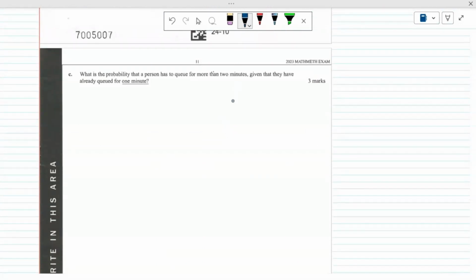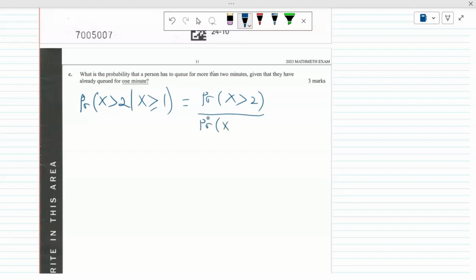Playing around with numbers. What is the probability that a person has to queue for more than 2 minutes given that they have already queued for 1 minute? So now the probability they're queuing for more than 2 minutes given that they already queued 1 minute or above is basically the same as the integration of, actually we have to use t because it's time.